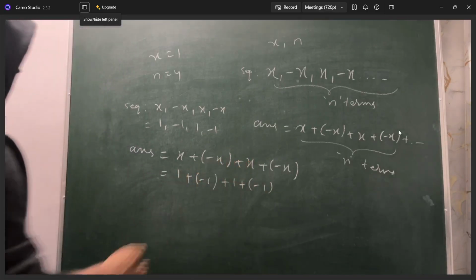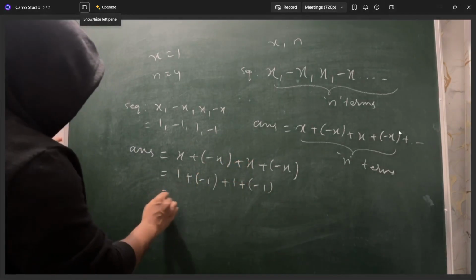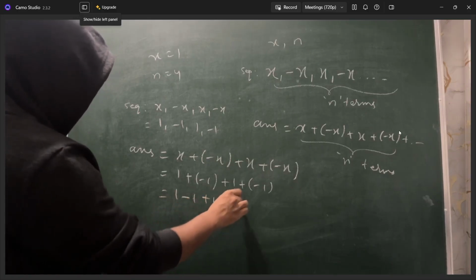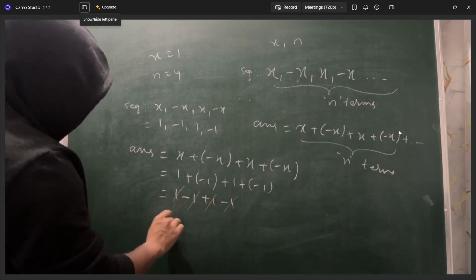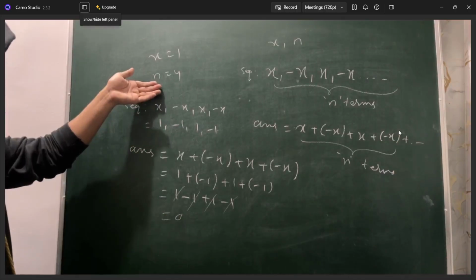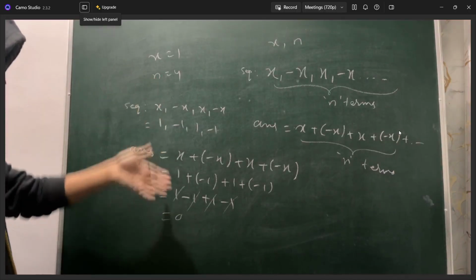Wherever x is there, just substitute 1. This is cancelling and your answer is 0. So for this example, the answer is 0.